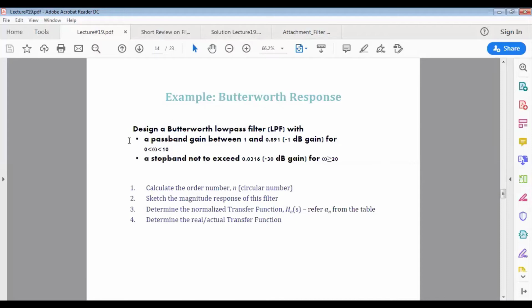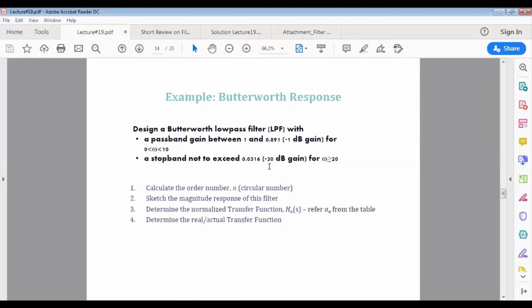From the first statement, for the passband gain information, you are supposed to get alpha P as negative 1 dB, which is the calculation of 20 log of 0.891. That will be alpha P, while your omega P will be 10. For the stop band region, it is given to be 0.0316, which is in linear scale.